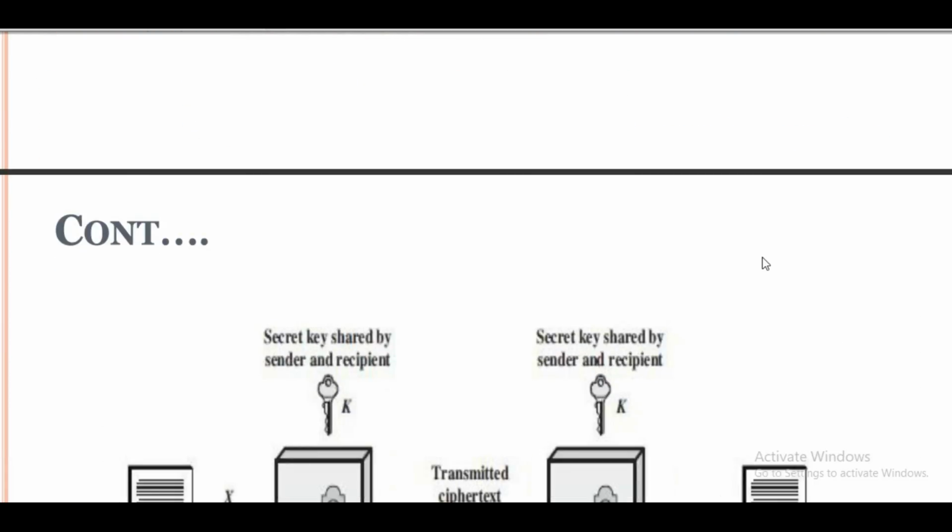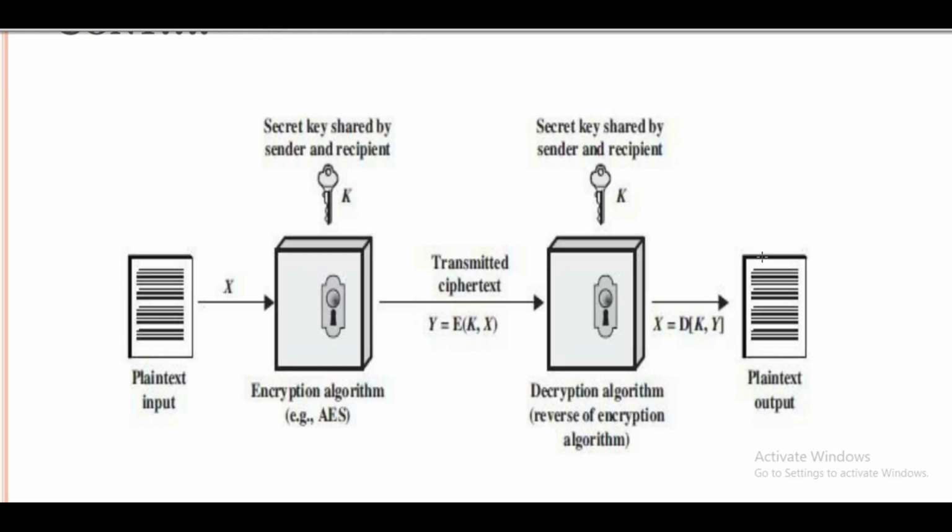So just look at this figure, right? The first one says about the plain text input, right? That is our input, and the same plain text input becomes the plain text output at the exit point. In between, our text does not remain the same text. Instead, it is converted into ciphertext, right?